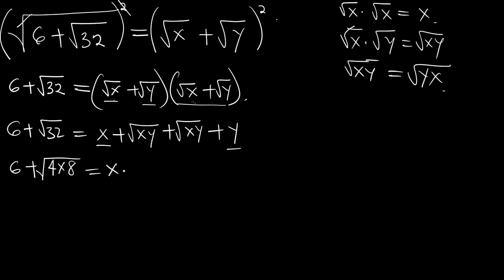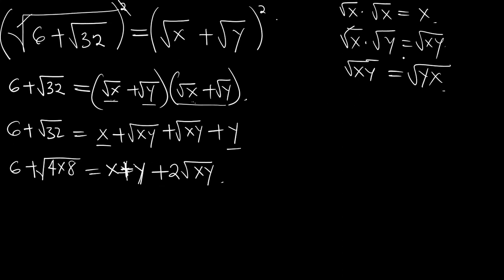Now, we bring together the terms that are not radicals. So now you have x plus y. Then the terms that are radicals, you bring them together. They are the same. When you add them together, you have plus 2 square root of xy. So we have gotten x plus y plus 2 square root of xy.